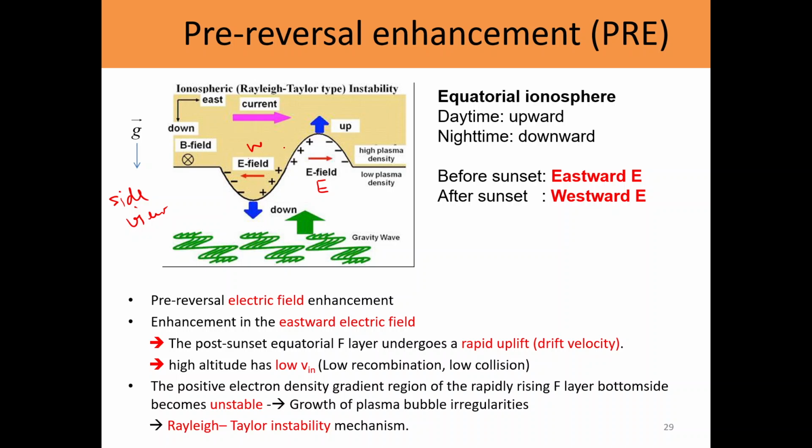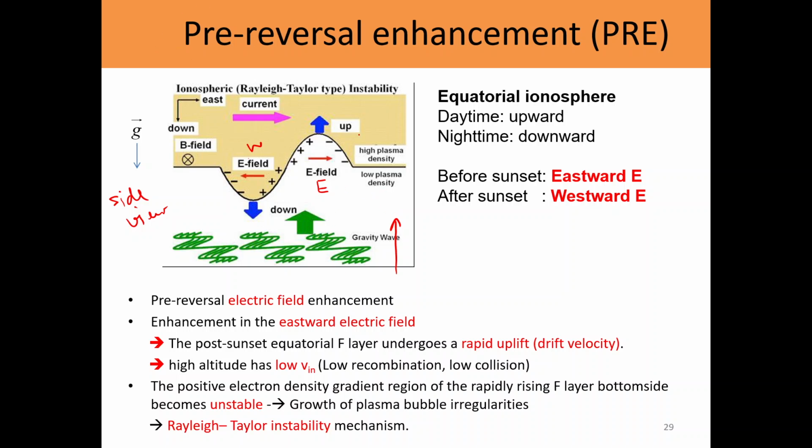What happens with the driver from the ground, from the gravity waves at lower altitudes? Then it drives up some type of bubbles or some types of depletion that causes bubbles around.